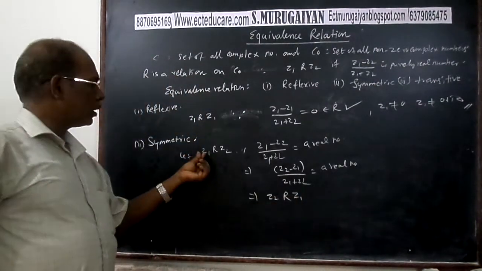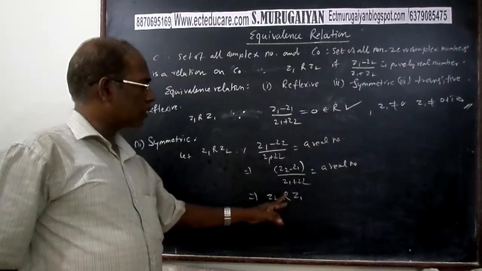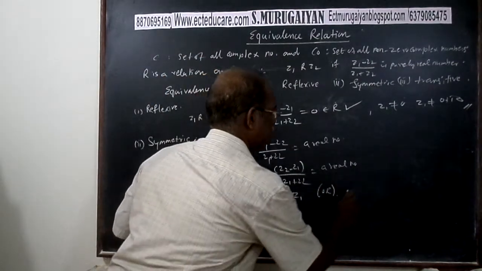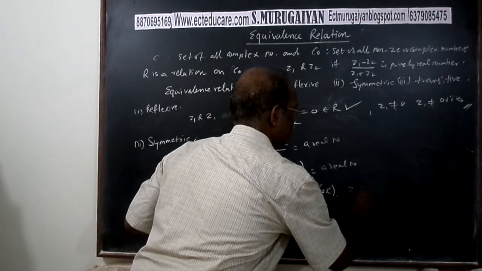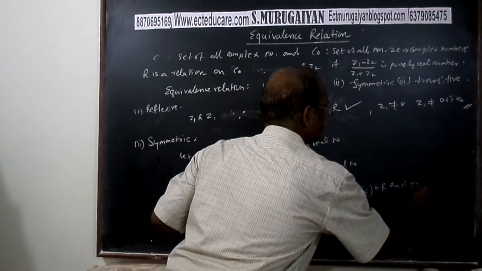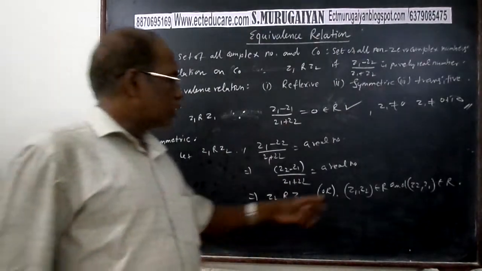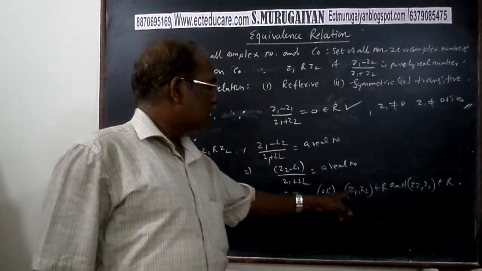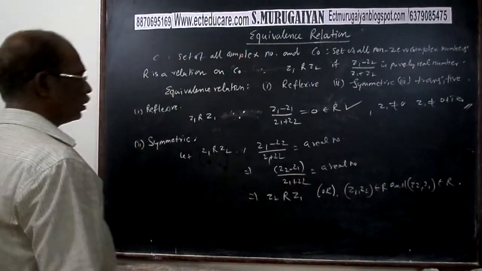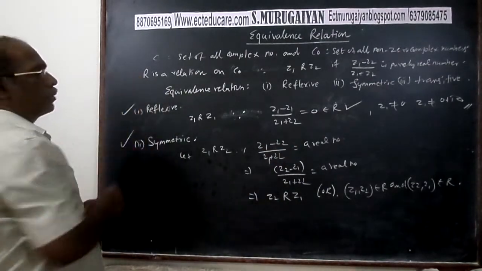That means whenever (Z1, Z2) belongs to R, (Z2, Z1) also belongs to R. So according to our discussion, it is symmetric and reflexive.